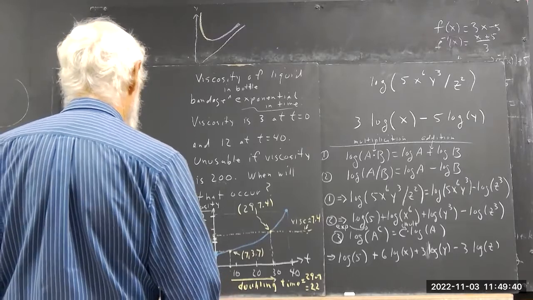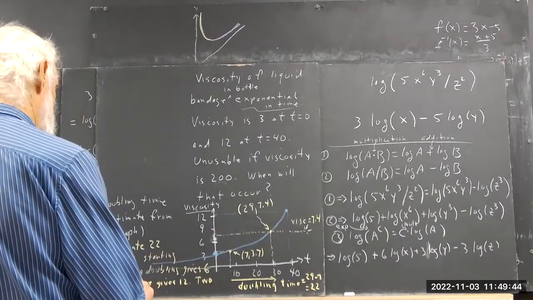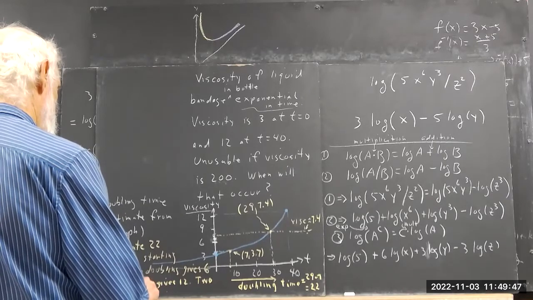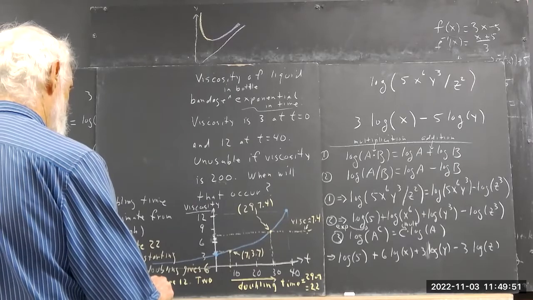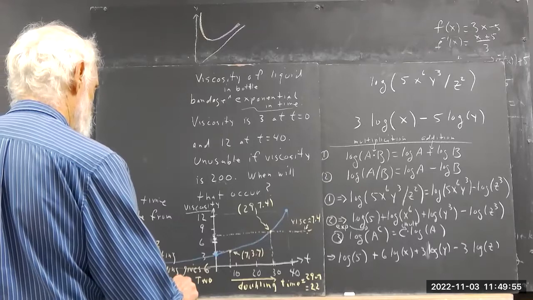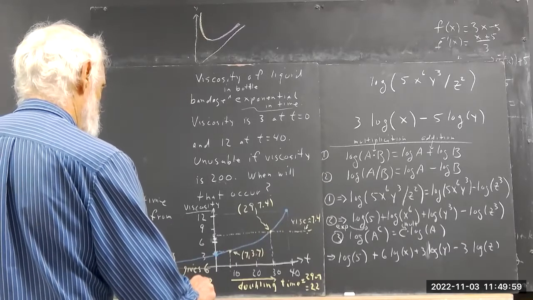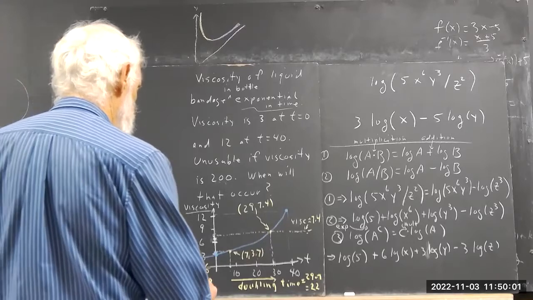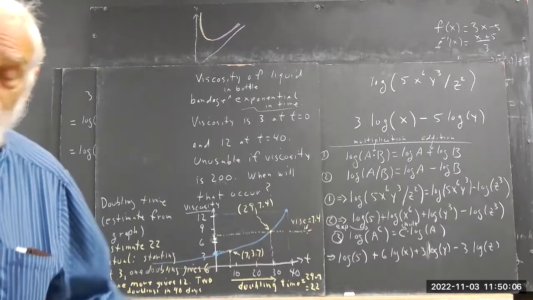I knew not to write this so low on the board, but I'm going to do it anyway. We have 2 doublings in 40 days, so each doubling takes 20 days.